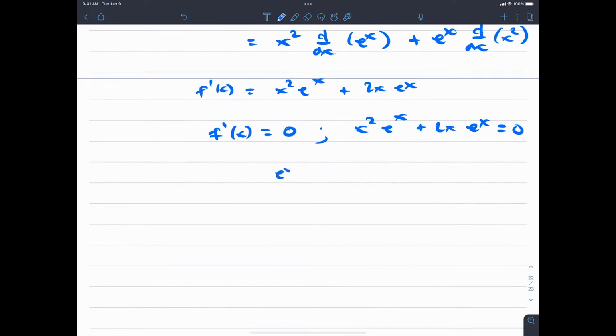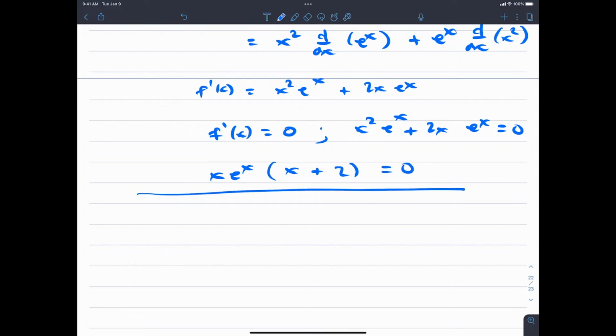So this will be what? E to the x. Actually, it's not. It's x e to the x. Let's write this a lot better. X e to the x. So this will be what? X plus 2, I believe.